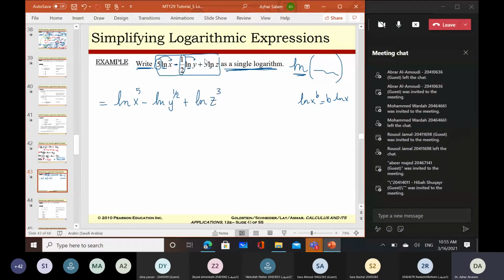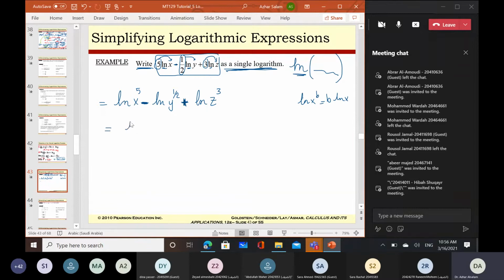Also this 3 I reverse it to a power on z. First I got rid of the numbers multiplied by the ln, then I look at the signs. Here minus and here plus. Each minus I will convert to a quotient, and each plus I will exchange to a product.